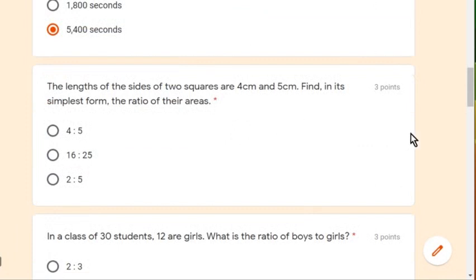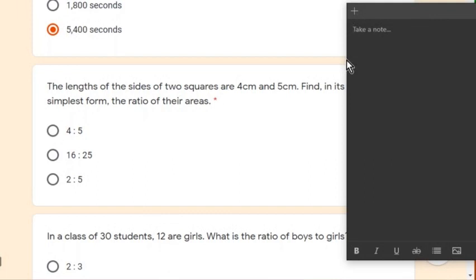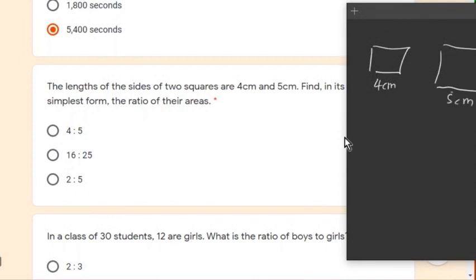The lengths of the sides of two squares are 4 centimeters and 5 centimeters. Find in its simplest form the ratio of their areas. Okay, so we have two squares. One has a length of 4 centimeters, and the other has a length of 5 centimeters. We want to find the ratio of their areas, so we have to find their areas.